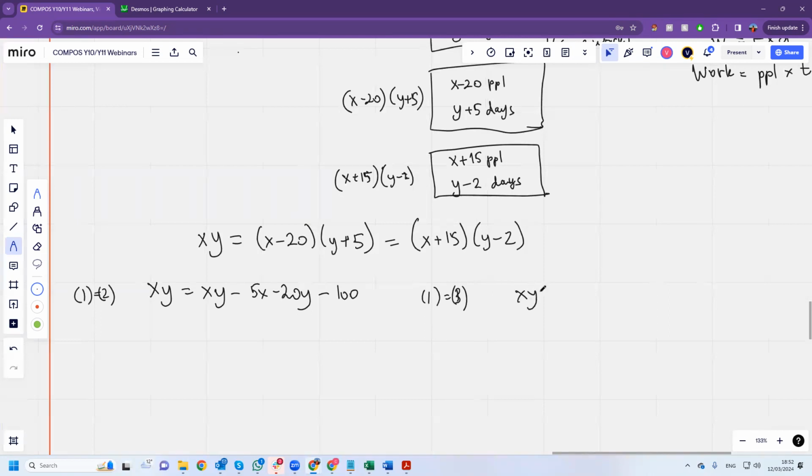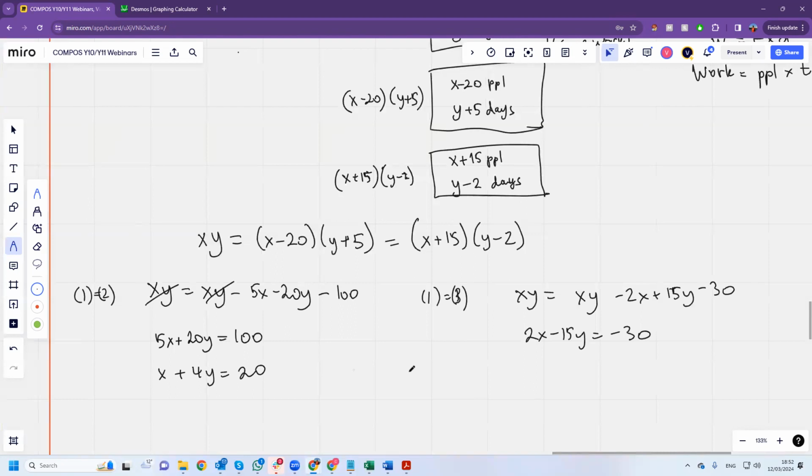So that's xy is equal to xy minus 2x plus 15y minus 30. So in both cases, xy cancels, and we have 5x minus 20y equals 100. And here we have 2x minus 15y equals minus 30. Divide by 5, x minus 4y equals 20. 2x minus 15y equals minus 30.